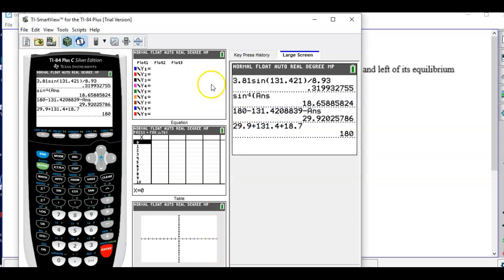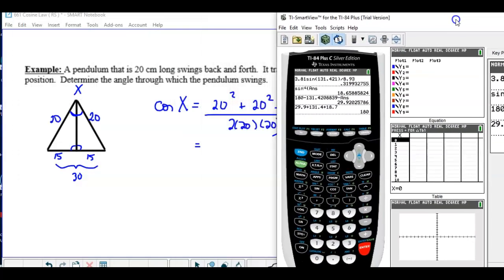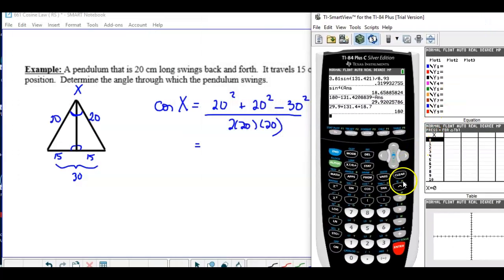So calculator out. I'm going to clear off the last. So I'm going to use the fraction form this time because I do have that capability. Okay, and then I don't need brackets then.